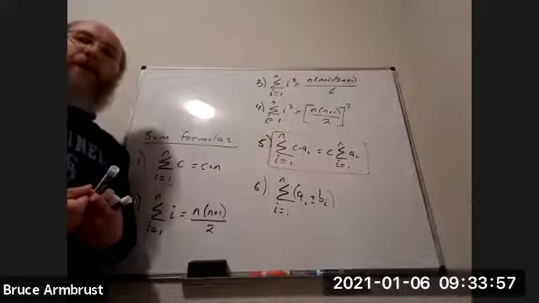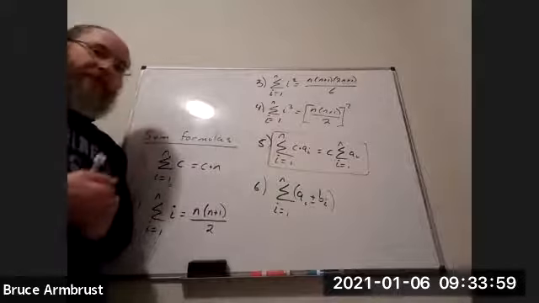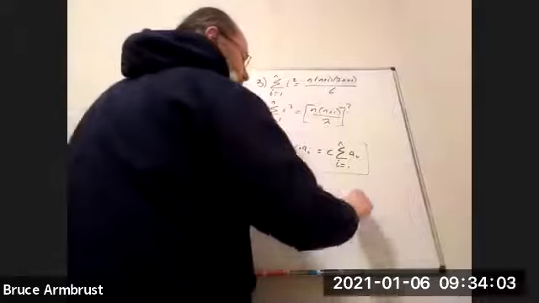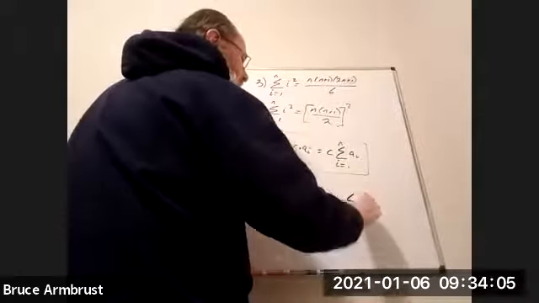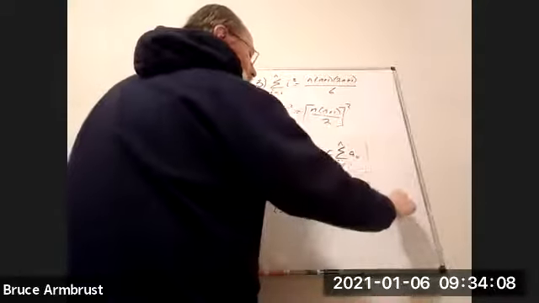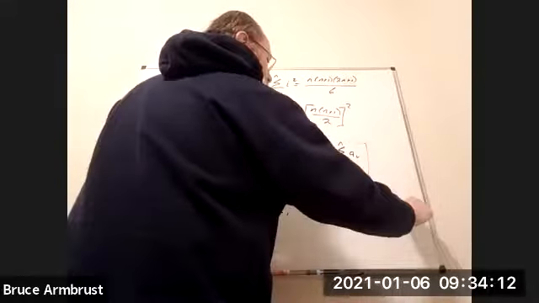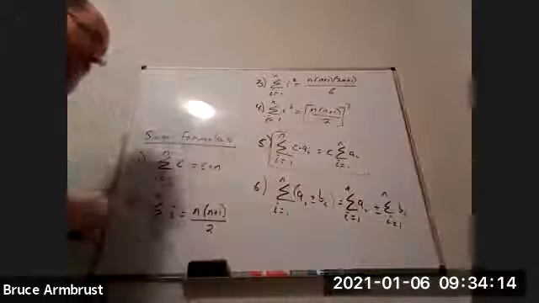Addition lets you move things around, right? So you could get all of the a's together and then all the b's together, which means you can think of this as the sum of the a's plus or minus the sum of the b's.